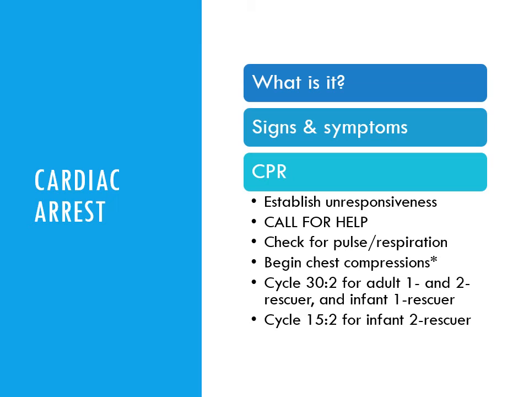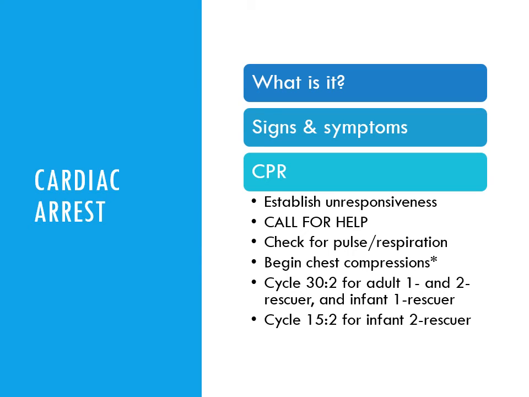So first of all, we're going to establish unresponsiveness. Okay, so we're going to shake the patient's shoulders and shout. And then the very next step is we're going to call for help. Okay, so be familiar with the location of the call buttons or the phone numbers at your facility. And again, your first person you're going to get should be your supervising technologist.